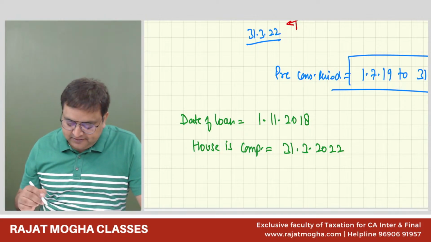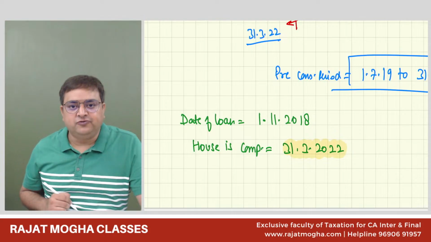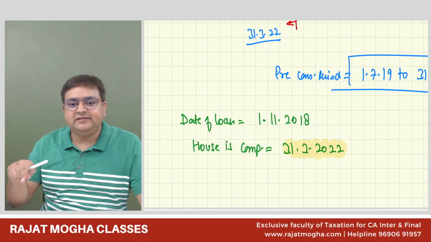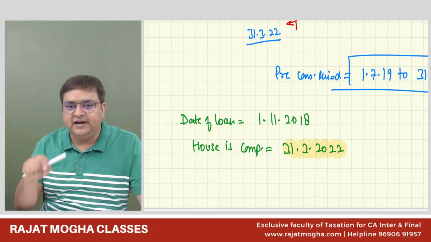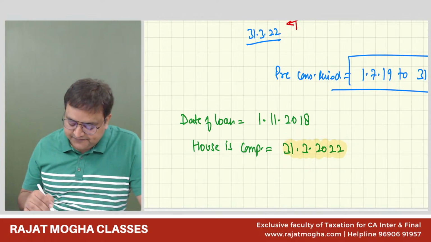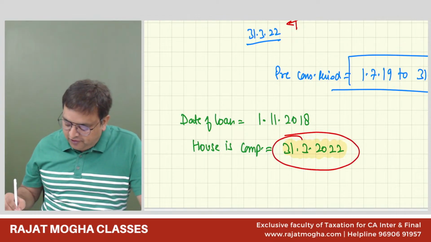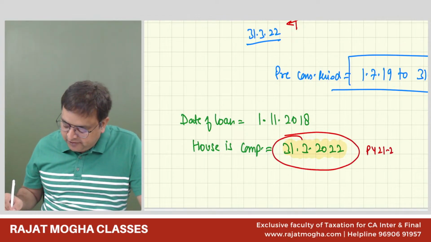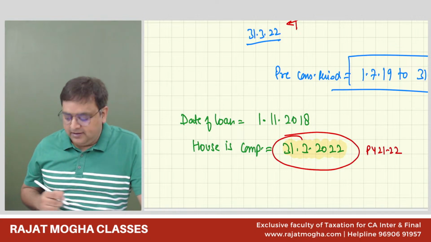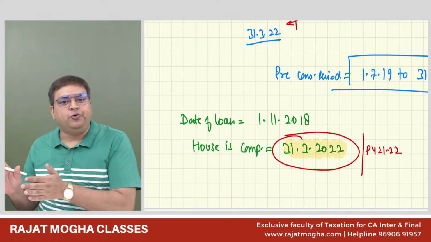Just see the date of completion of the house. Tell me which previous year this date belongs to. 21-22. This date belongs to previous year 21-22. Very good. Guys, from 21-22 it is always post.